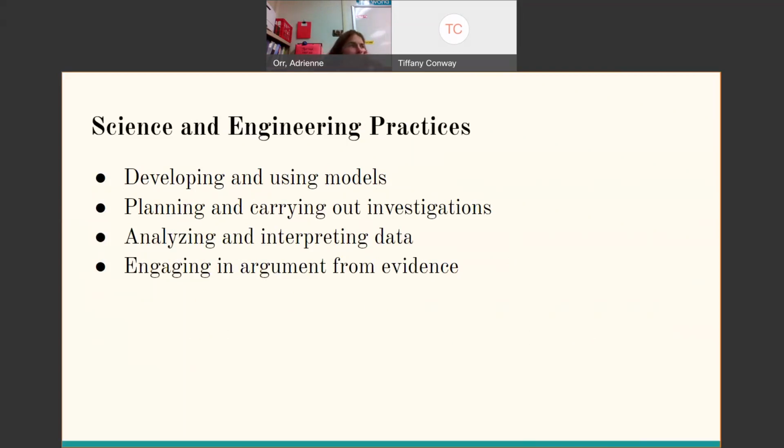They also plan and carry out the investigation. On the very first day, we watch a few videos, which are in the resources that Adrienne shared with you. There's a 30-second video of a chicken sitting on her eggs and just doing chicken stuff. We look at that and ask, what is this chicken doing? Obviously the chicken knows how to make the egg hatch, so what is she doing and how can we replicate that here?